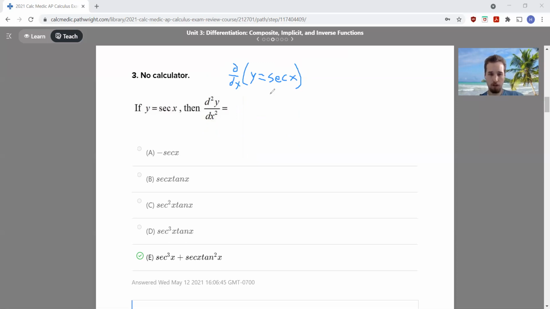Right? So the derivative of secant x. The derivative of y with respect to x is just dy/dx. The derivative of secant x is something you have to memorize. It's secant x tangent x.